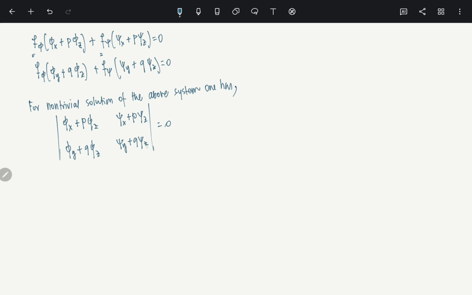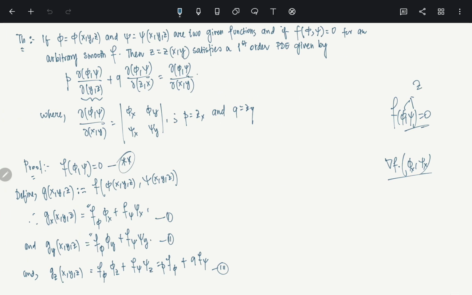This is basically just the theory of system of equations. Since for the non-trivial solution we need this, and this is exactly the relation which is written there. If you put it together, this times this minus this times this, this is basically the relation which is given here. So let's just call it star.